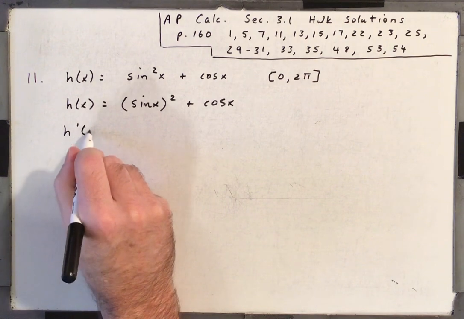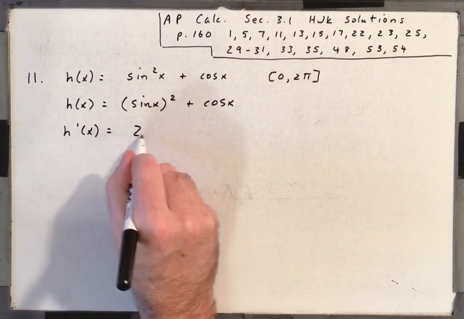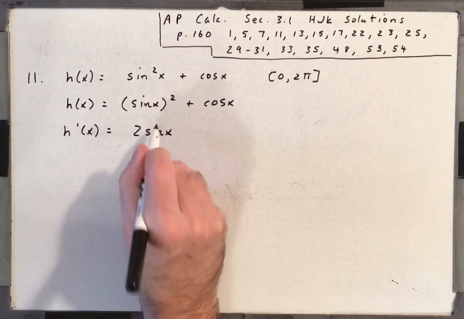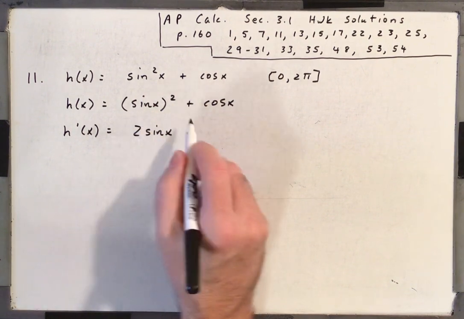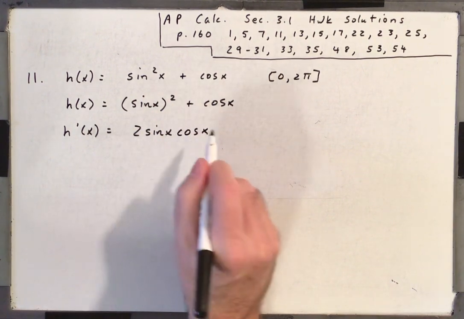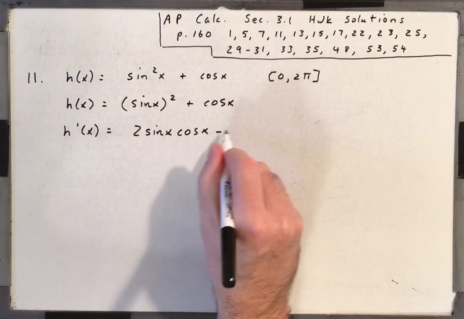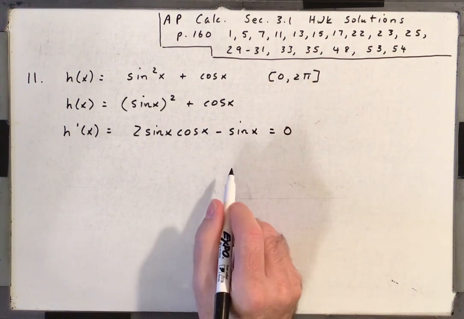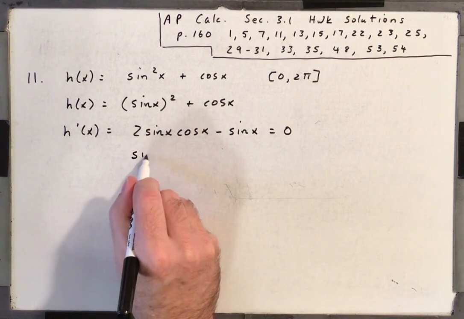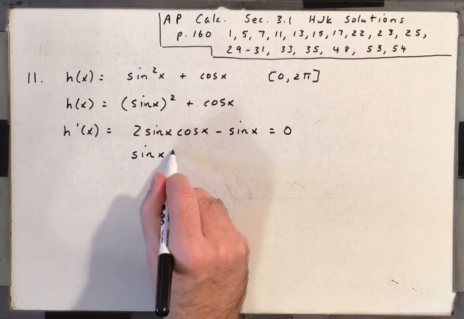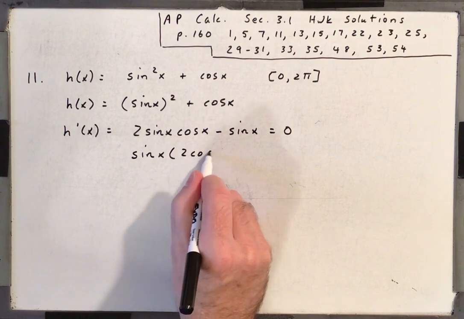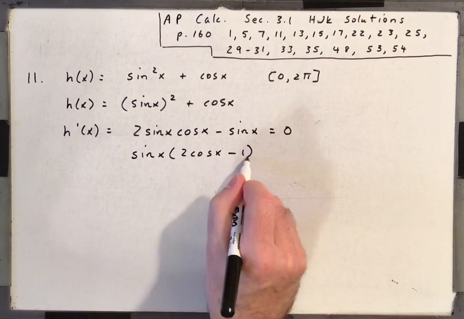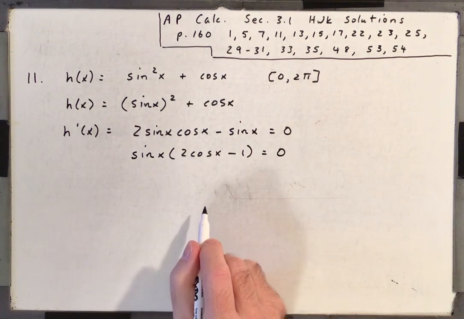And then h prime of x would be 2 sine x to the first times the derivative of sine x, which is cosine x, and then the derivative of cosine is minus sine x. I'm going to set that equal to 0. That's a little bit of a pain. Let's factor out a sine x, and you have 2 cosine x minus 1 equals 0.